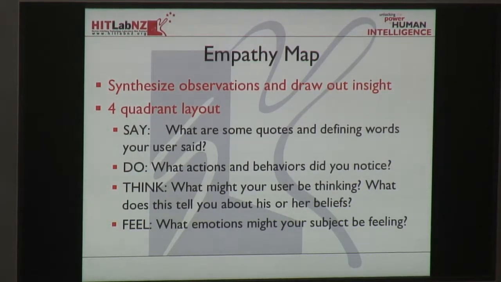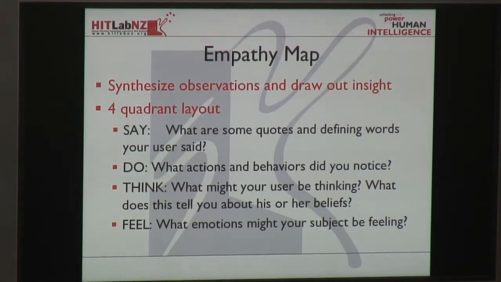You can see it's a piece of paper that has 4 quadrants and this person in the middle. There's one that has say in it, one that has do, think, and feel, and then there's a stakeholder, and then your list of insights here. And at the bottom, written very small, is the problem statement. It says the stakeholder needs a way to do something because of something. So I'll pass those around.